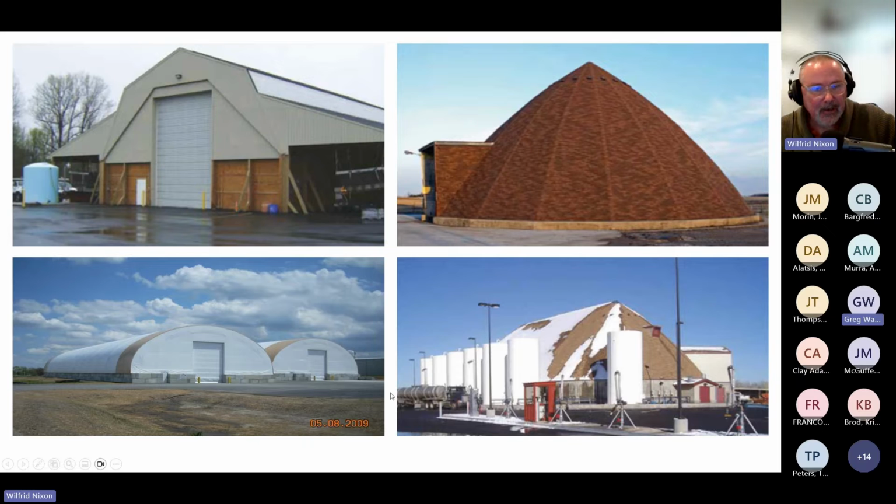They pulled together to be able to get a large volume of salt storage that would allow them to buy salt in years when there was a low price and not need to buy it in years when there was a high price. But the basics of the structure are there. You can see in this case, the wall is ecology blocks. There is a hooped roof with fabric over it and fabric on the doors and the ends as well.